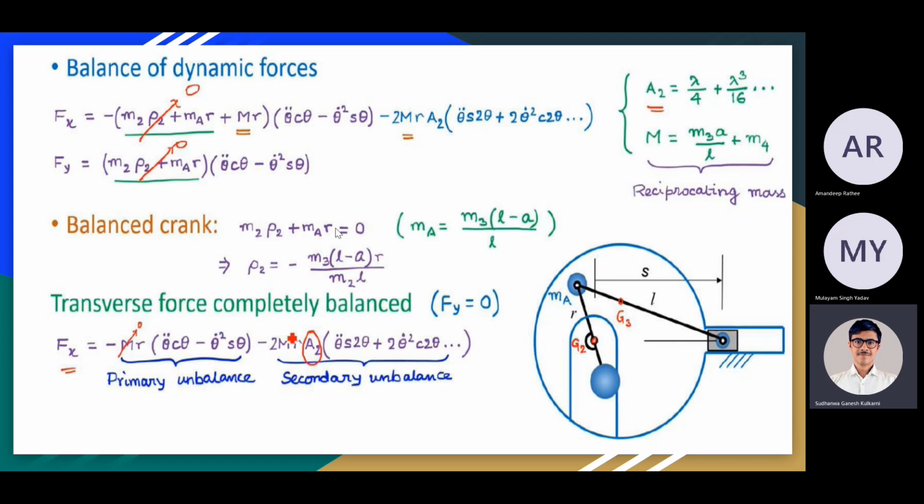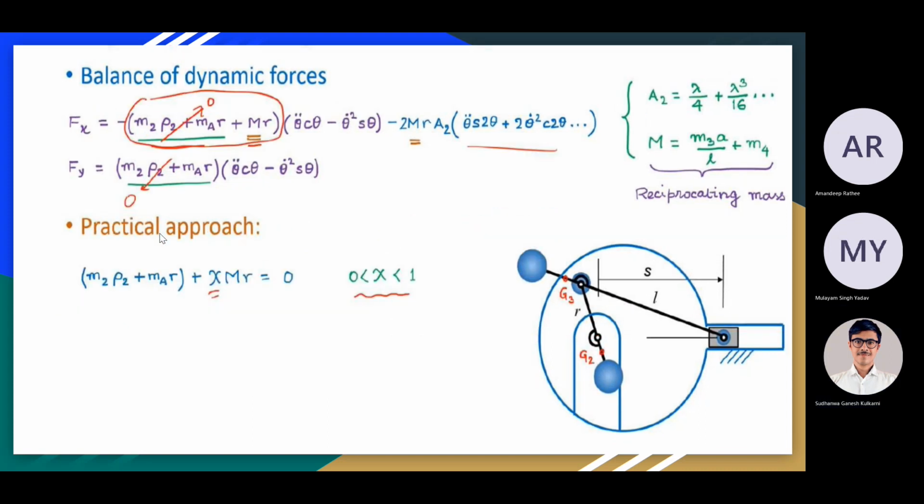So we have to choose ρ2 in such a way that the total magnitude of fx and fy is minimized, which can be done by selecting the appropriate value of zeta between 0 and 1, approximately 0.5, such that both values of fx and fy will be approximately the same, and so the total magnitude of ground forces will be minimum. We have neglected the second order terms here.